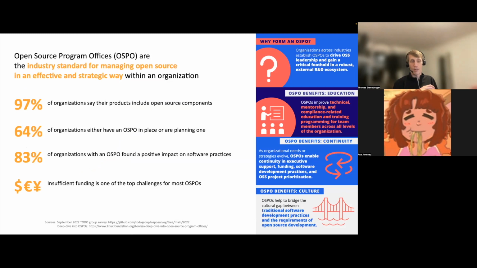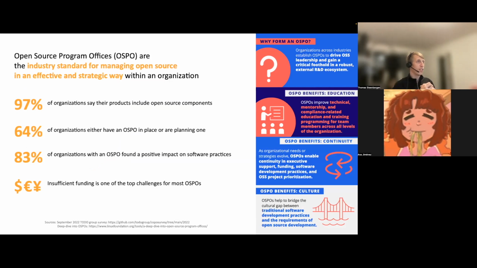A little bit about OSPOs, and I've been borrowing some material Anna created. OSPOs are really the industry standard for managing open source in an effective and strategic way. I took some numbers from the recent September TODO Group survey.